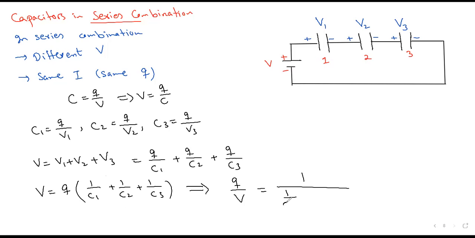So this will be 1 over (1 over C1 plus 1 over C2 plus 1 over C3), and this is the equivalent capacitance.